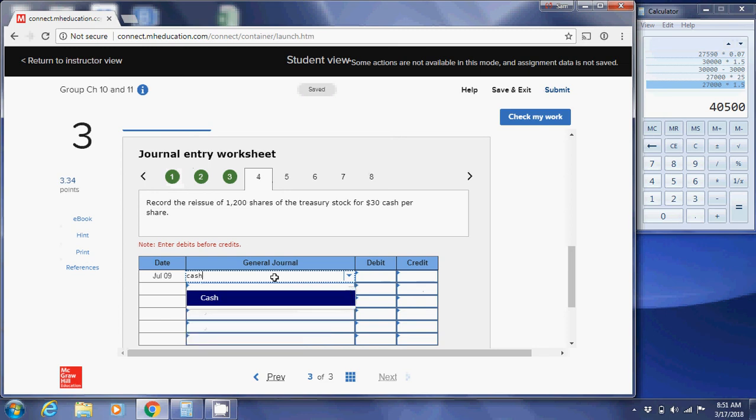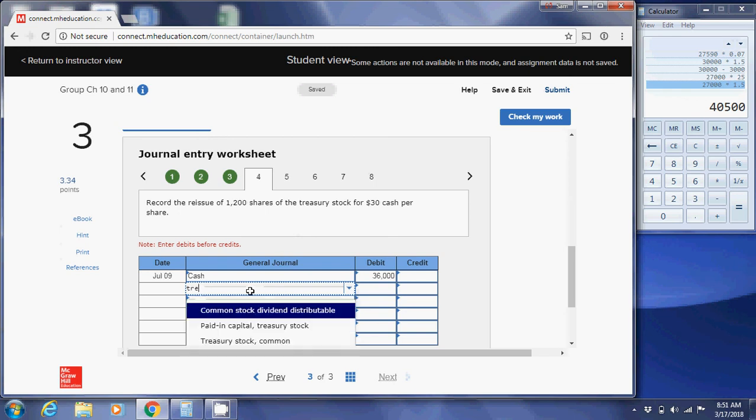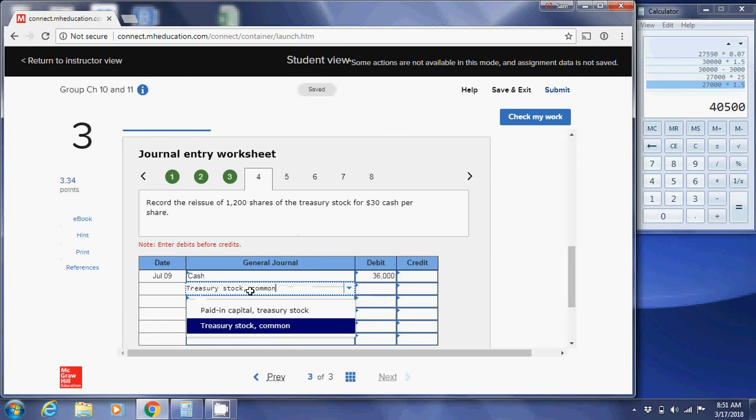That's the cash that we're going to receive on the sale, $36,000. We also know that we purchased that stock for $25 a share. So we have to take the treasury stock off the books at the $25 per share. So that's going to be $30,000.